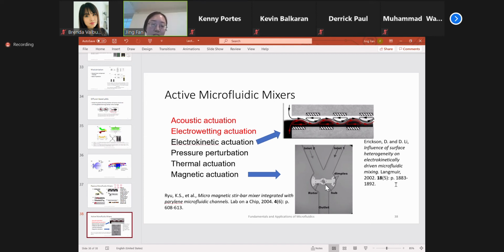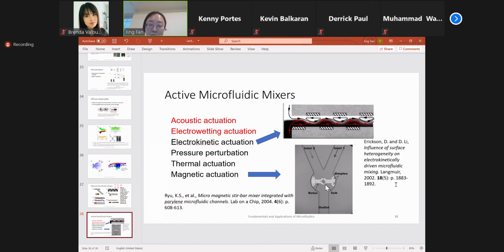So acoustic actuation is basically having 1 or more sensors which can introduce sound waves into the channels. And these sound waves move perpendicular to the flow, inducing the disturbance to the fluids and contributing to the mixing. So I didn't include any images here, which will be in the paper that I uploaded.